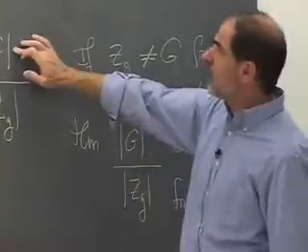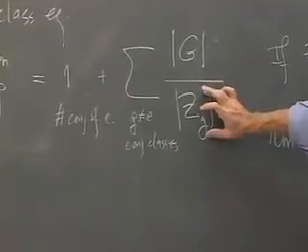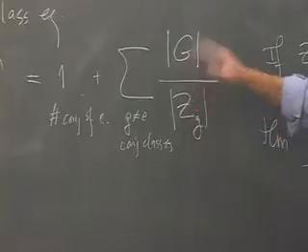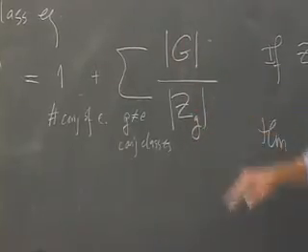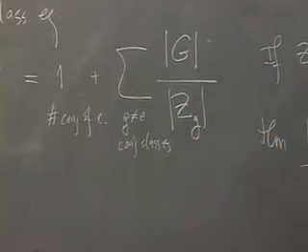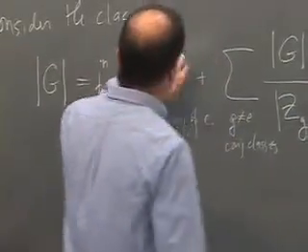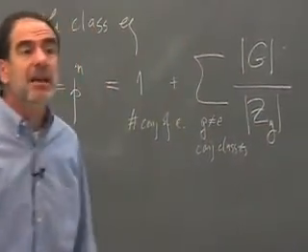Because this is some power of p, this is some smaller power of p, so you're left with a power of p dividing the quotient. But that's ridiculous, because that would say that p to the n is 1 plus a number divisible by p.